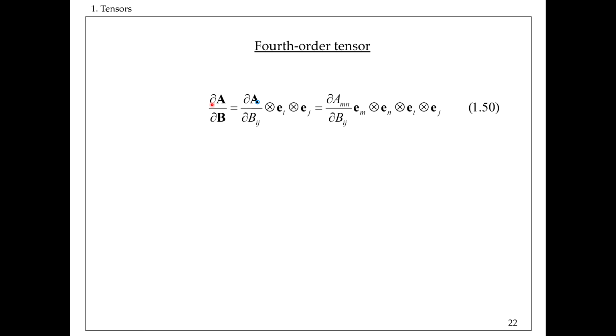If we take the derivative of a second order tensor with respect to another second order tensor, the result is a fourth order tensor. Of course, we can even continue and start taking the derivative of a fourth order tensor with respect to another second order tensor, and that could be an interesting exercise, but we will probably stop here.